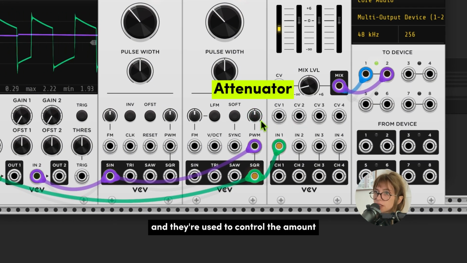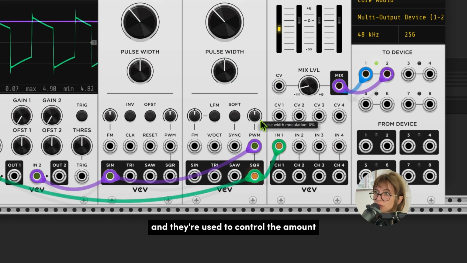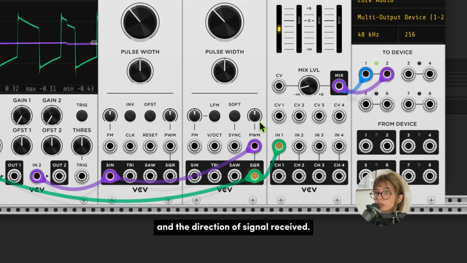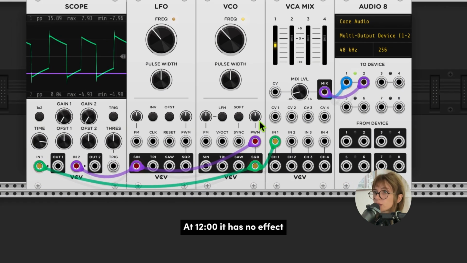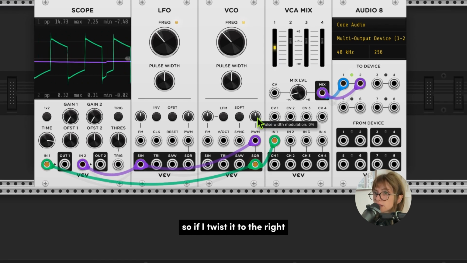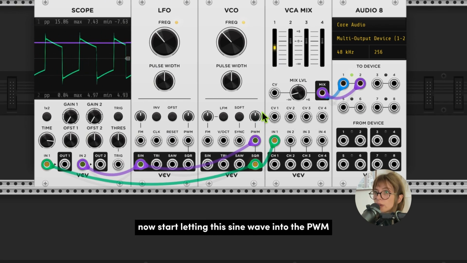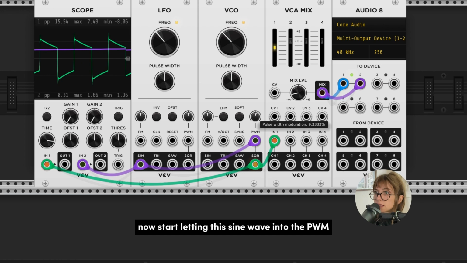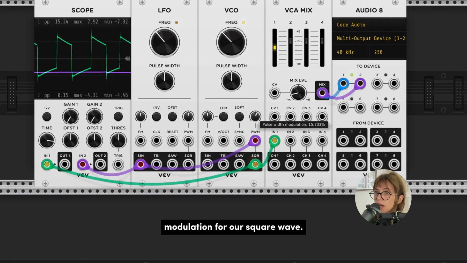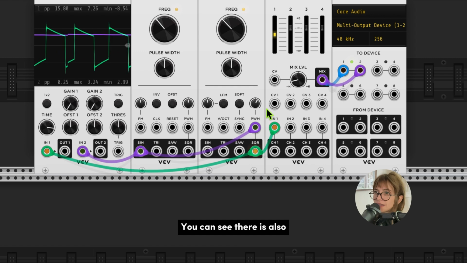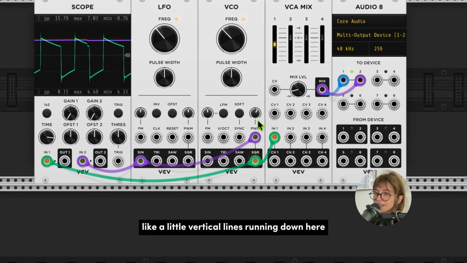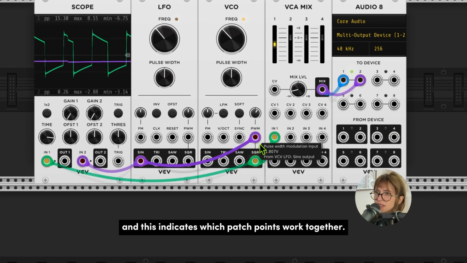So what's changed? Well, not much, because we also have this little knob here above the PWM, and these knobs are called attenuators and they're used to control the amount and the direction of the signal received. At 12 o'clock it has no effect, so if I twist it to the right, we now start letting the sine wave into the PWM modulation for our square wave. You can see there are also little vertical lines running down here, and this indicates which patch points work together.